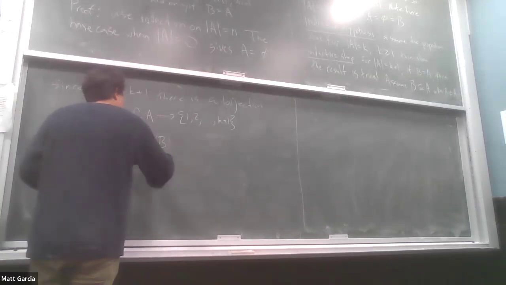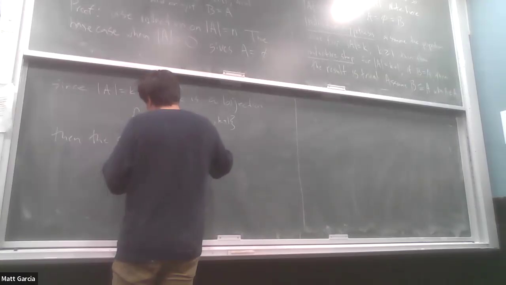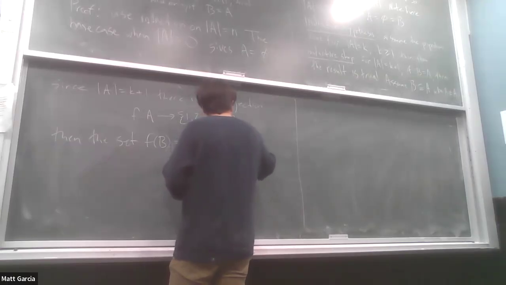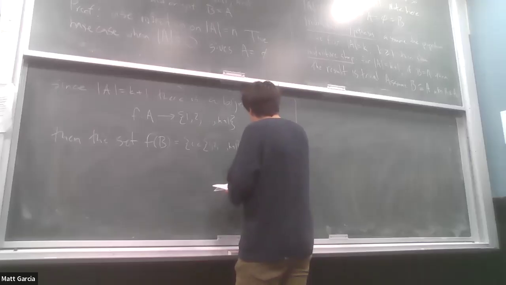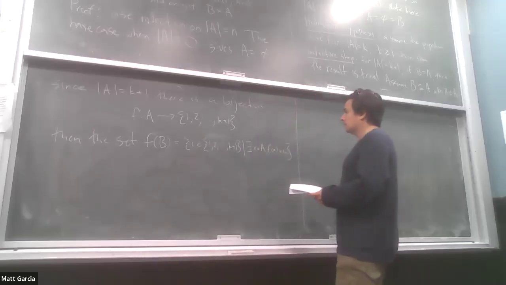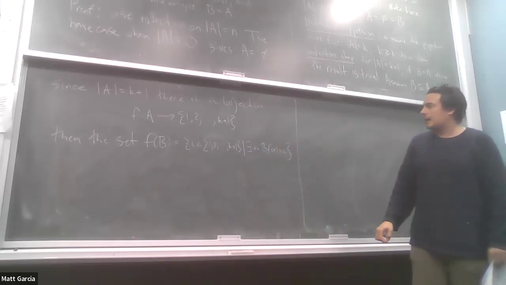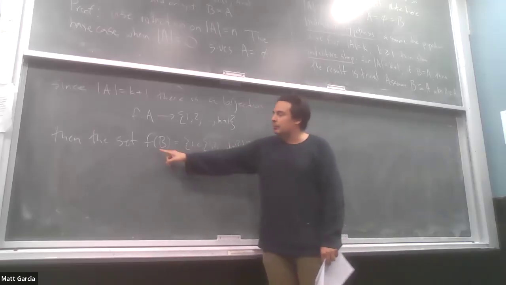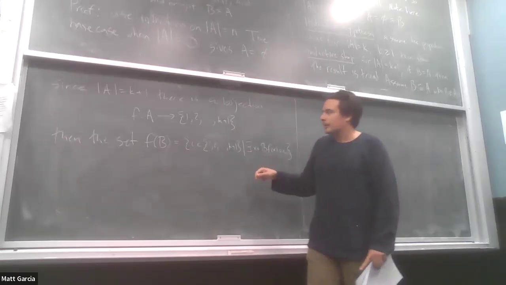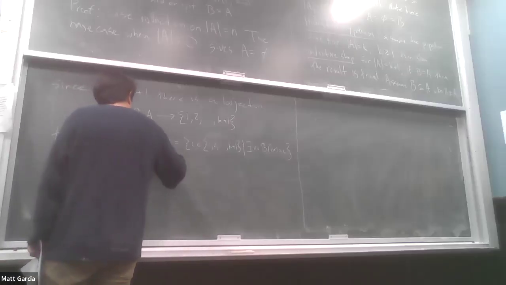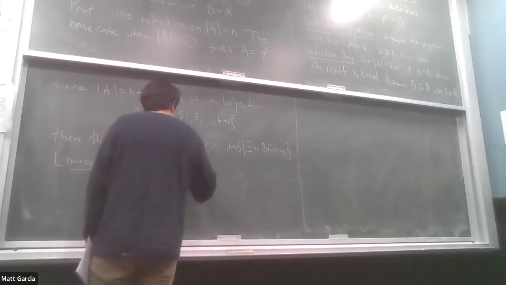Then the set F of B, which is the collection of elements I in the codomain of F such that there exists X in B with F of X equal to I. Yeah, the collection of elements that get hit in the codomain by taking input values in the set B. This is called, you may recall, the image of B under the function F.